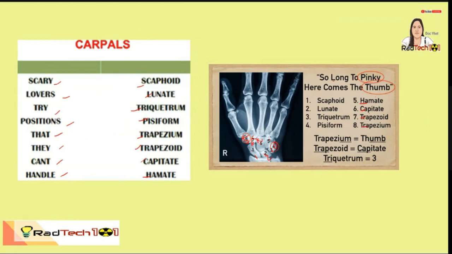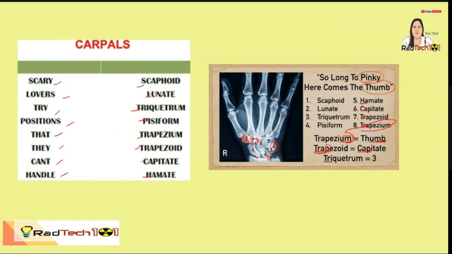So it will be easy for you to remember. The thumb is attached or articulates with your trapezium, so you will know that it is at the thumb side, because trapezium has M, the thumb. Then trapezoid, trap, so may P tayo dito, that is trapezoid, capitate. Okay, cap, trap.